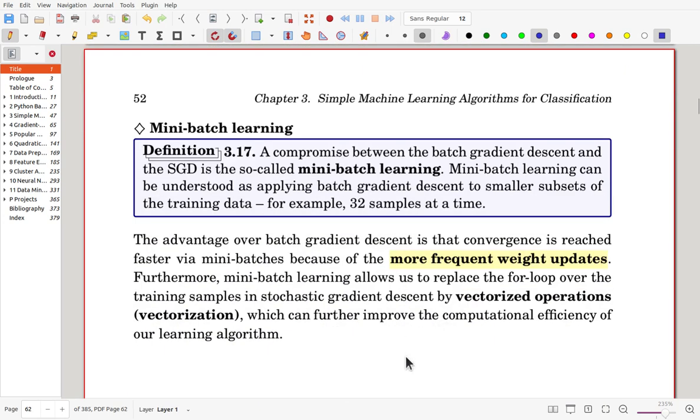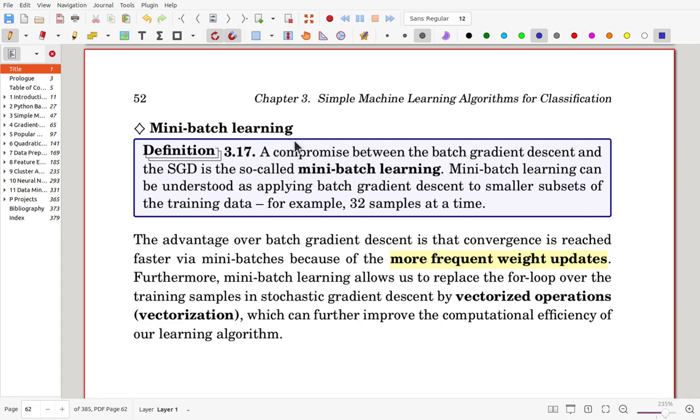Now, also, a good compromise is mini-batch learning. The original gradient descent method is using the whole data set for one iteration. Now, the stochastic gradient descent method uses only one single data point per iteration. They are two extreme cases.